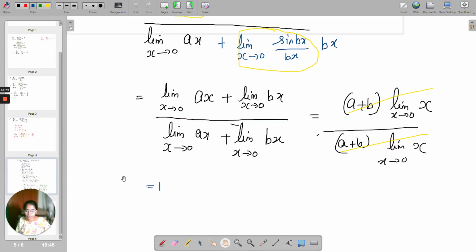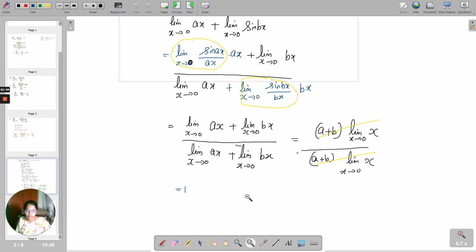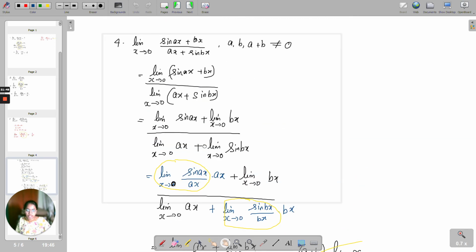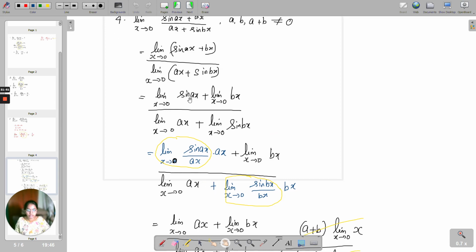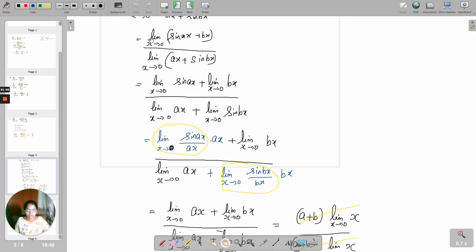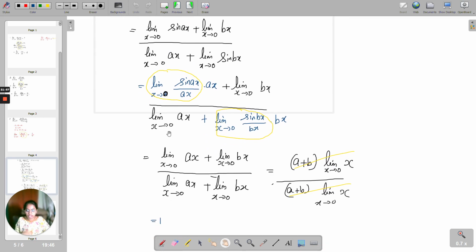So here we did algebra on limits. This was totally about algebra on limits. So we took the limit to the numerator, denominator, and then we did what we did in the previous problems, that is we reduced it to sin ax divided by ax form.